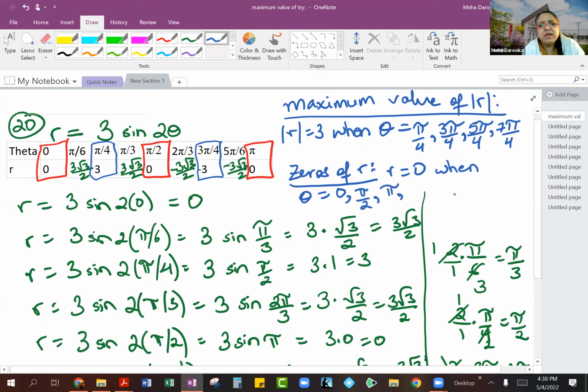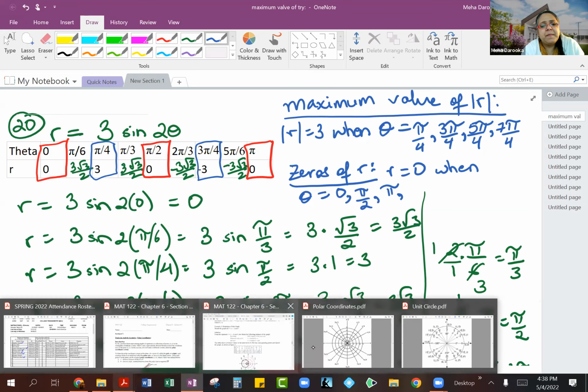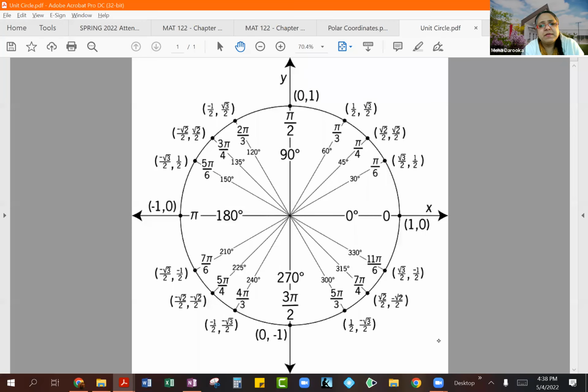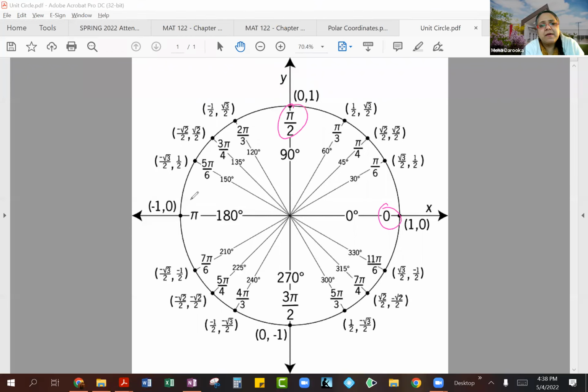Can you tell me what the other angles after that should be? So 0, pi/2, and pi. What do you think the other angle would be? 3 pi/2. Very nice. Yes, it would be 3 pi/2.